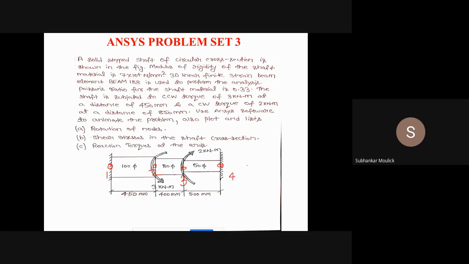So in total how many elements are there? Sir, three elements. This is my element number 1, this is my element number 2, and this is my element number 3.